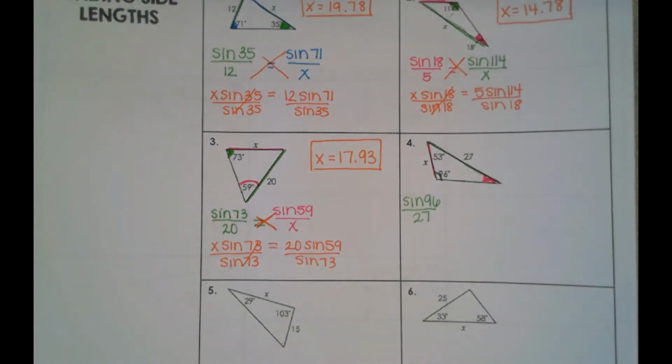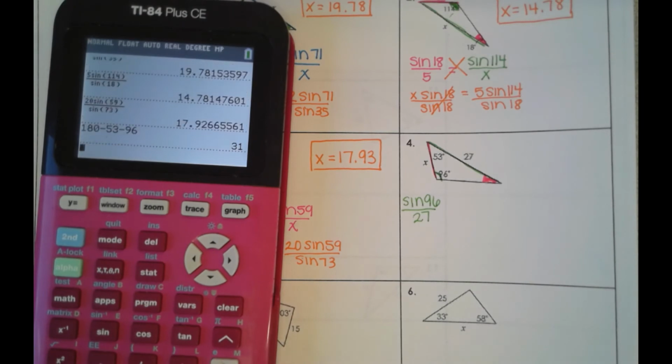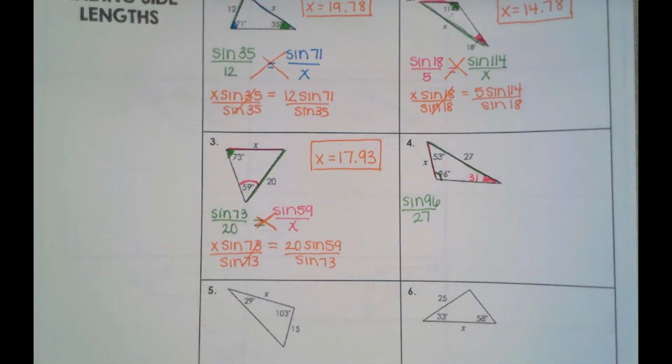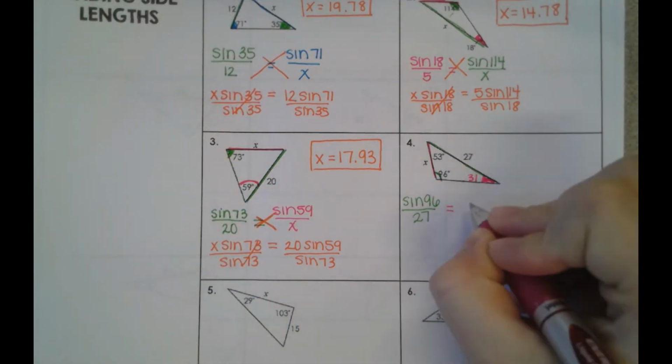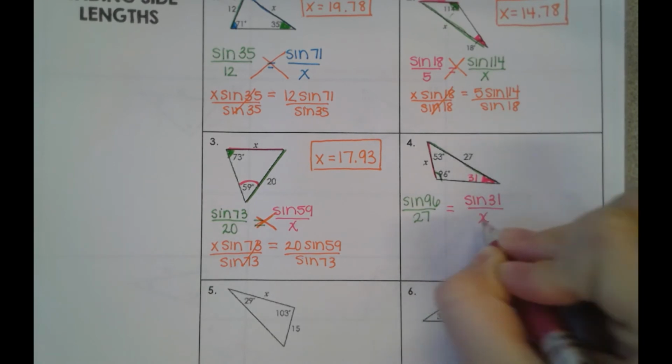I don't have that angle, but we just said it's easy to find. So if we take 180 minus 53 minus 96, we know that angle is 31 degrees. So sine of 31 over x.